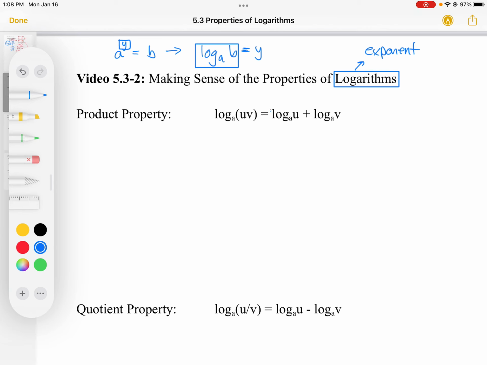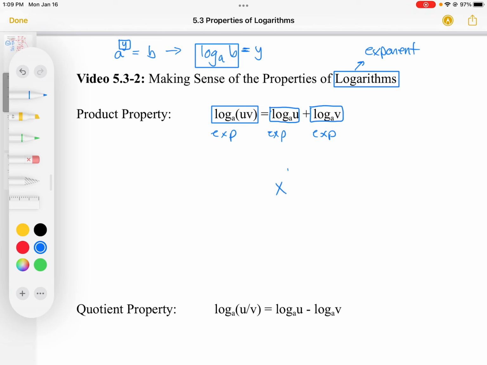Well, if you think of each one of these logs as being an exponent, this is an exponent, and this is an exponent, and this is an exponent. We could look at our properties of exponents and relate them to this property.